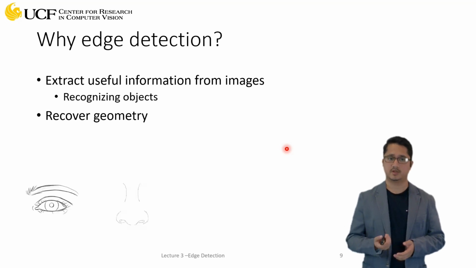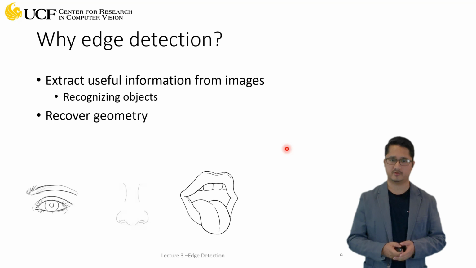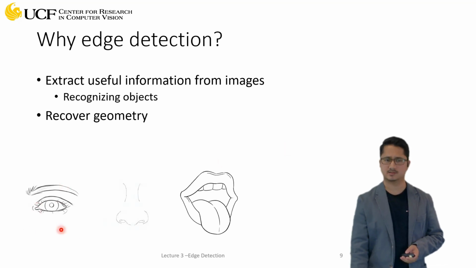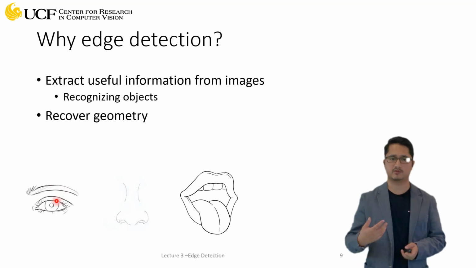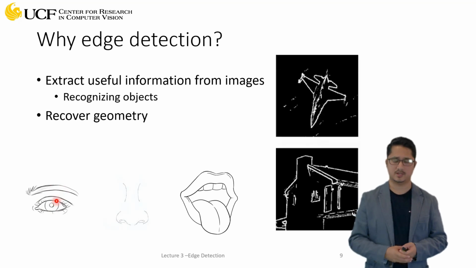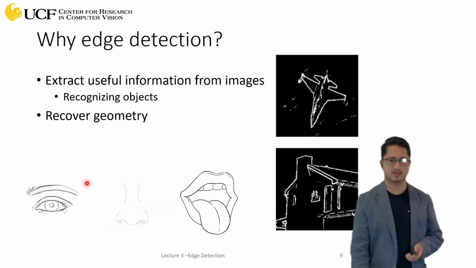You can also use it for recovering some kind of geometry. For example, if you have an image and there is some occlusion, and you try to extrapolate edges, or you have some kind of prior knowledge, you can try to recover those objects. That could be one interesting application. And the reason is, these images are just showing you edges.